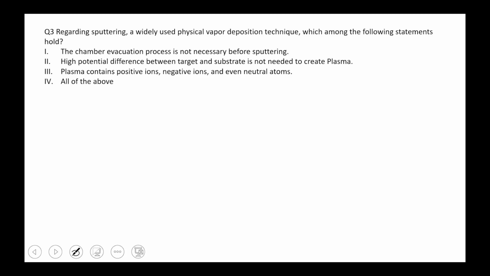The chamber evacuation process is not necessary before sputtering. The high potential difference between target and substrate is not needed to create a plasma. I think plasma contains positive, negative, and even neutral atoms. So only those statements hold, not all of the above.